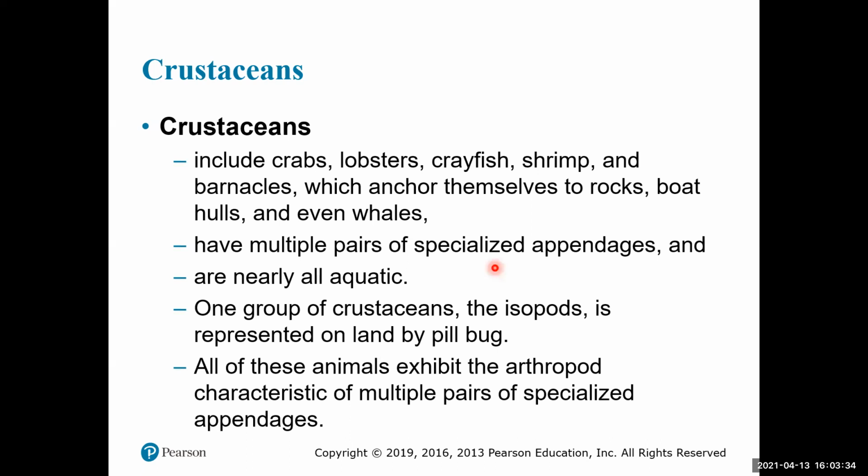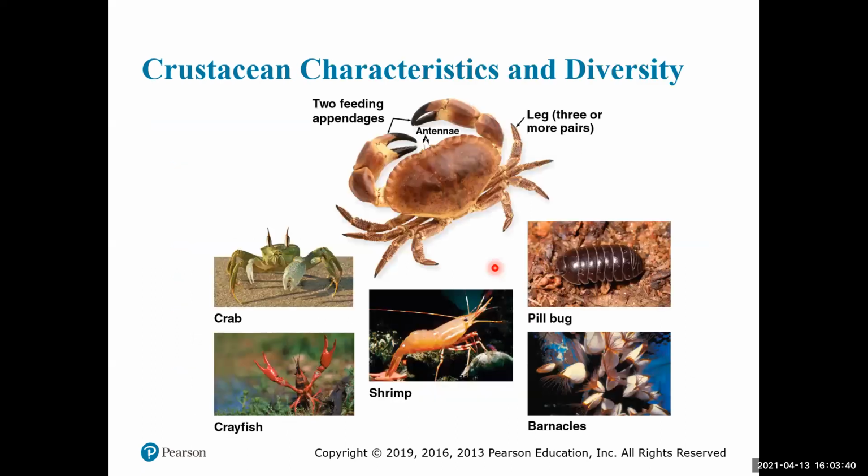And so they all have these characteristic multiple pairs of specialized appendages that we find in arthropods. And so this is the pill bug here, that roly-poly. Here's your barnacles that are attached to different substrates, your shrimp, your crayfish, your crabs, lots of different species of crabs, lots of different species of shrimps and barnacles.